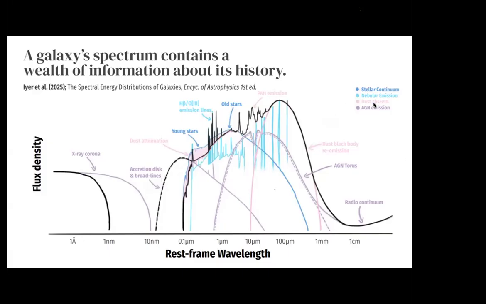Then there's light that gets absorbed by dust. So basically, if you have this thick blue line, that's all the light that comes from stars. But then if you look at the black spectrum, which is what you would actually see, it's less than this thick blue light, right?